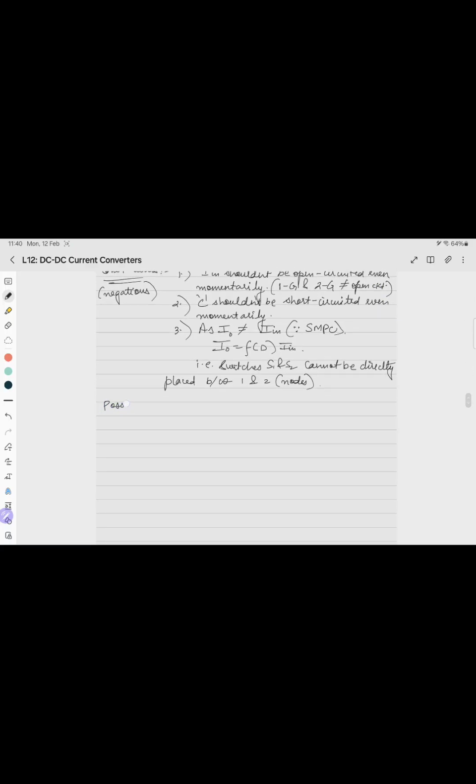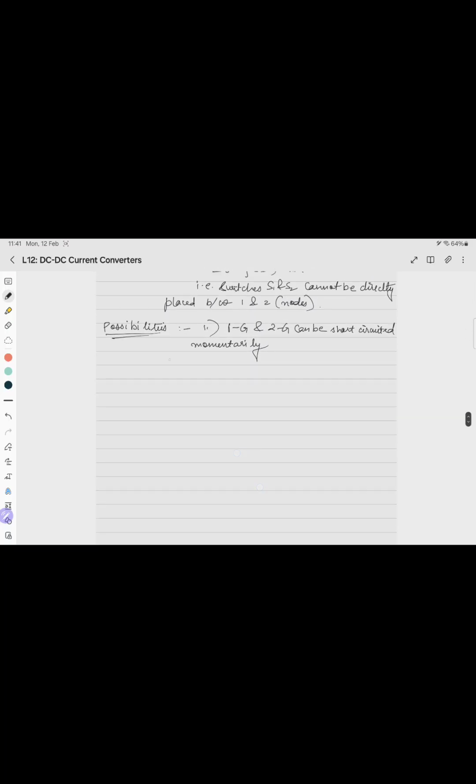So now I'll write the possibilities. The possibilities are that 1 to G and 2 to G can be short circuited momentarily, because you can short circuit a current source, but you can't short circuit a voltage source. So if 1 and G is shorted, the capacitor should not get shorted.